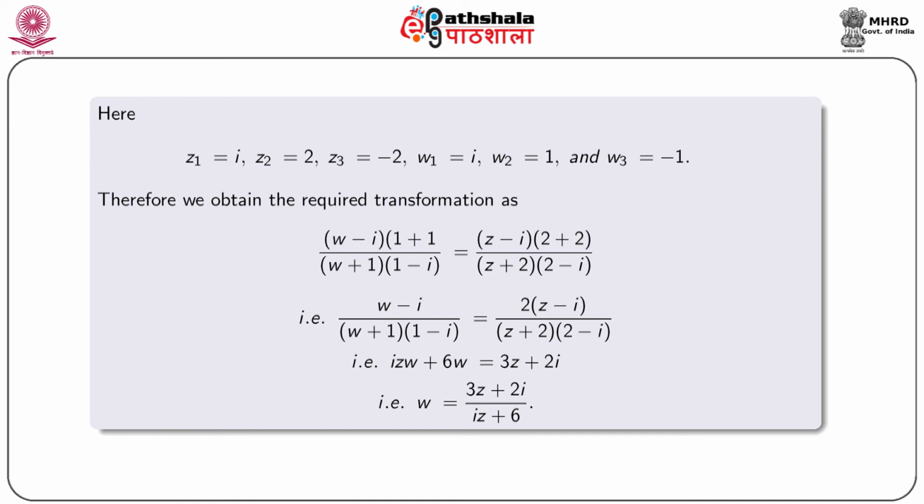Therefore, from above we obtain (w minus i) into (1 plus 1) by (w plus 1) into (1 minus i) equal to (z minus i) into (2 plus 2) by (z plus 2) into (2 minus i). Simplifying, we obtain w equal to (3z plus 2i) by (iz plus 6), which is the required bilinear transformation.